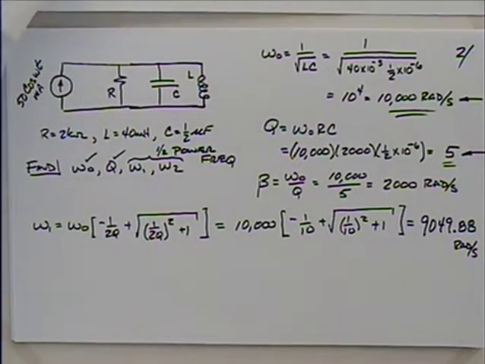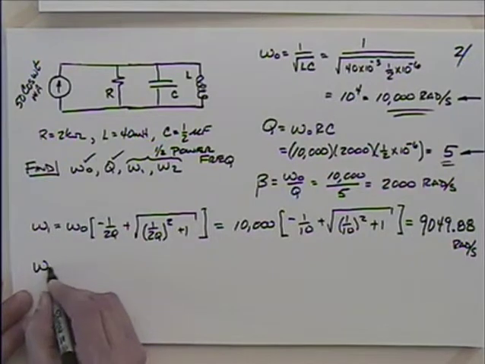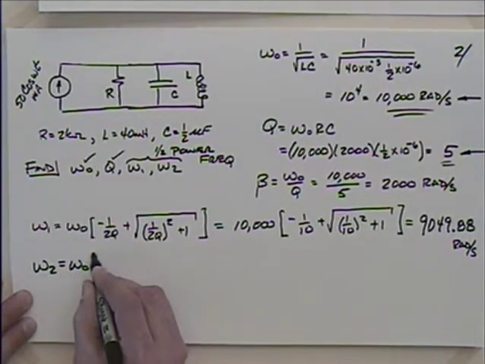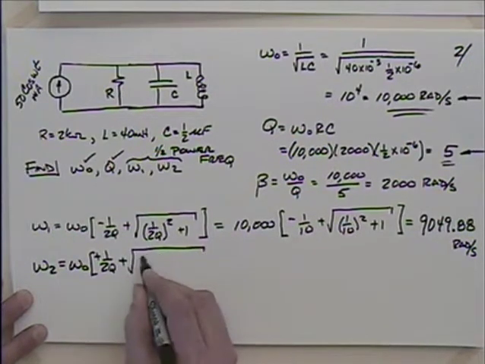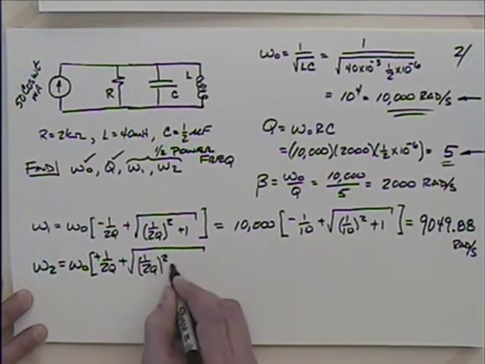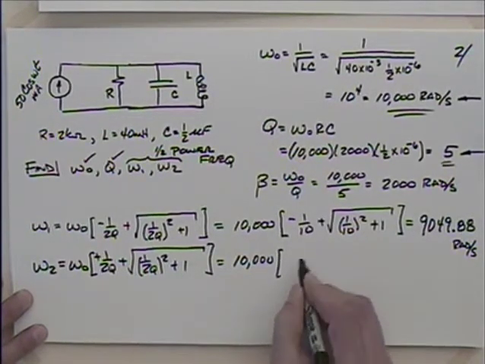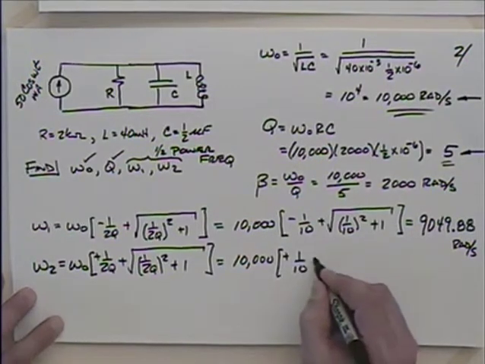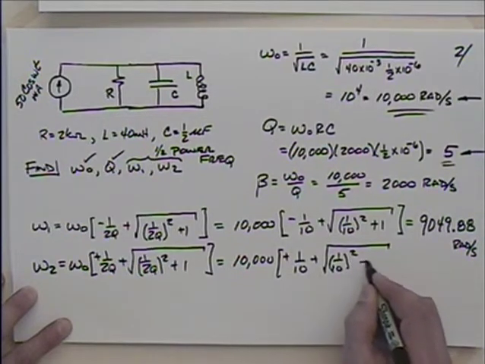I don't want you to think that I'm cheating on you, so I'll leave quite a few decimal places there. So we could say 9,050, but we'll say 9,049.88. Then I can do omega 2. Omega 2 should be equal to omega naught times plus 1 over 2q plus the square root of 1 over 2q squared plus 1. 10,000 times a positive tenth plus the square root of a tenth squared plus 1.